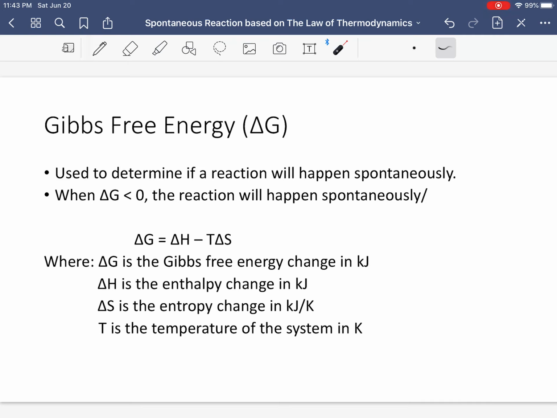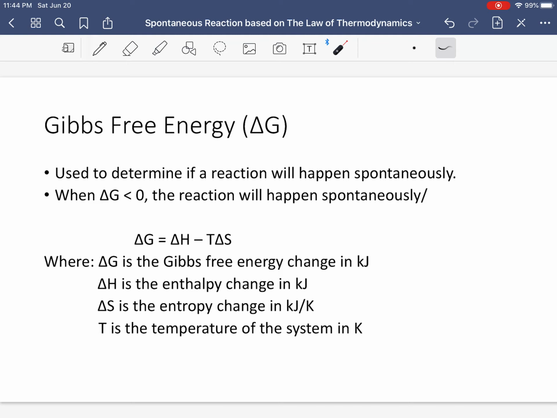To calculate delta G, this is the formula that you're going to use. Delta G is always in kilojoules. Now, Gibbs free energy is not the same thing as thermal energy. It's free energy.